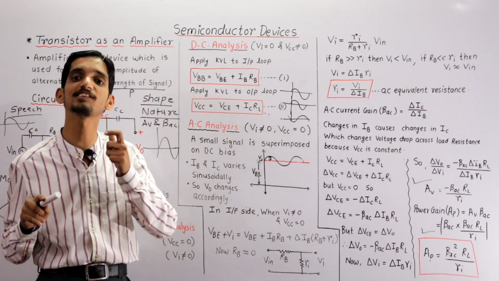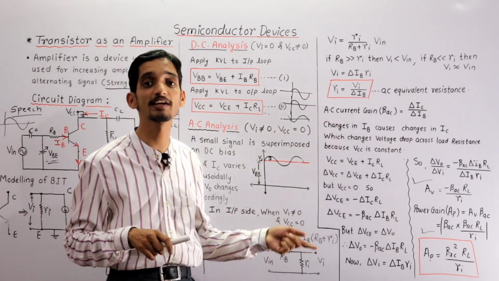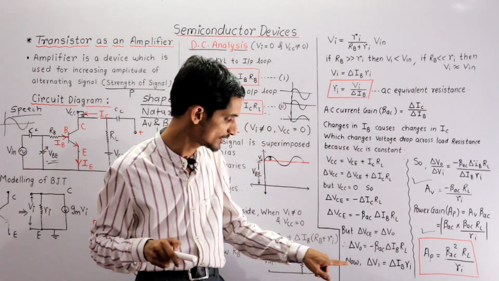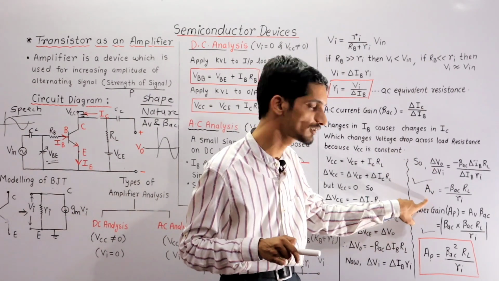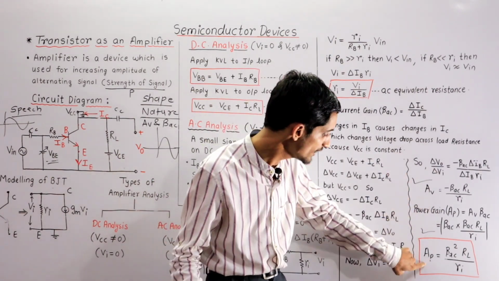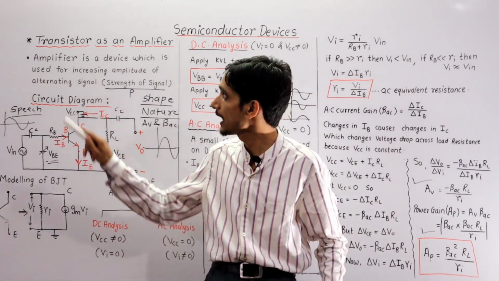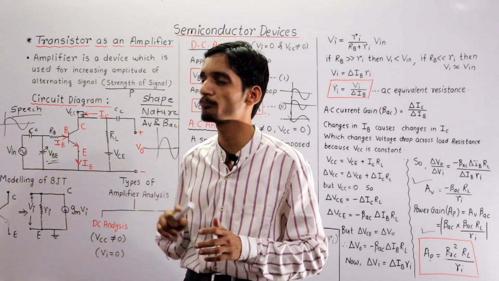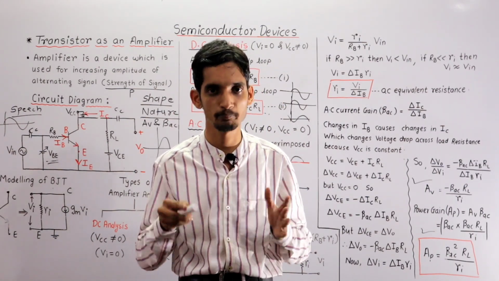Then what AC equivalent resistance means, and then I discussed the AC equivalent resistance formula. Afterwards I calculated the change in output, then I calculated the change in input, I took the ratio, and finally I calculated the voltage gain. And from voltage gain and current gain, finally I derived the formula for power gain, which is important for the amplification purpose. So in this way we have completed transistor as an amplifier, which is an important topic from the exam point of view in all respects. Thank you.